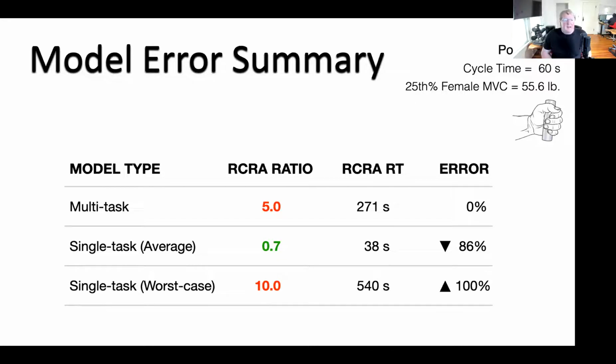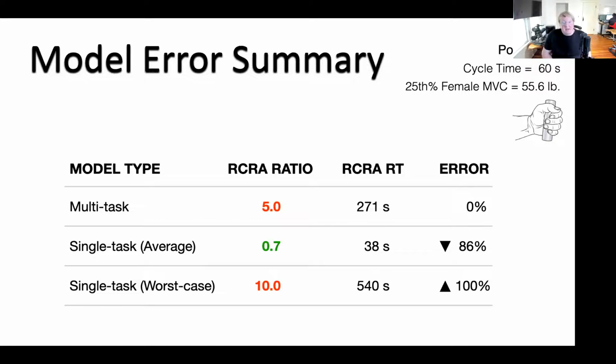And what that tends to do is undervalue it; it tends to give you a score that's too low. Or if we use a worst case, and notice our ratio was 5.0. When we ran it as a single task model with an average force input, it said it was 0.7. So it said it was okay. It was less than 1, but it was 86% too low. And if we ran it as worst case, it was 100% too high.